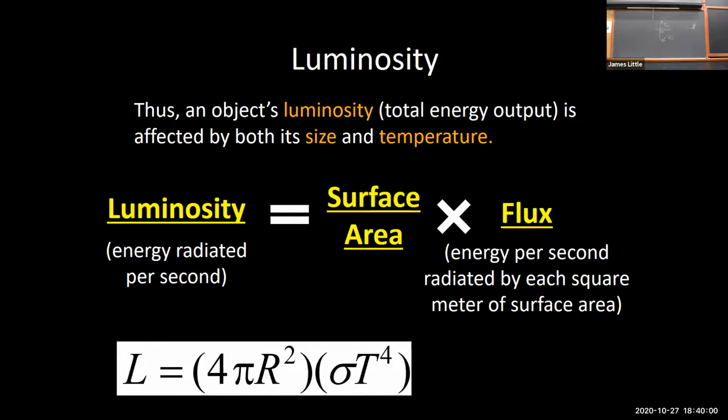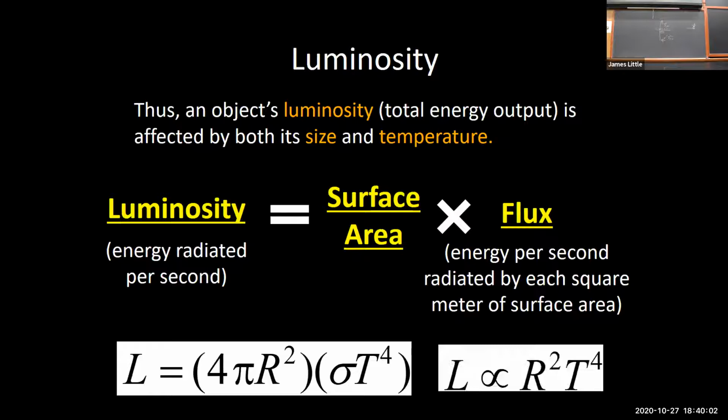The actual mathematical formula is that, but this is astronomy, so we use proportions. The luminosity goes as the radius squared and the temperature to the fourth. So temperature is actually a stronger power dependency than radius, even though the size of the star matters a lot because the square is no joke.